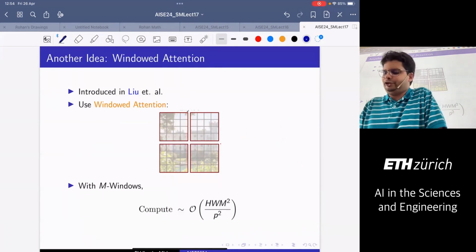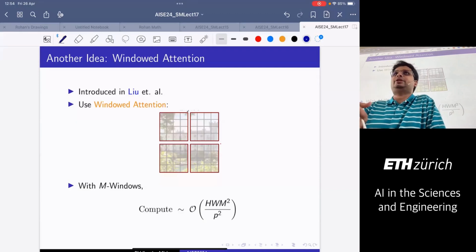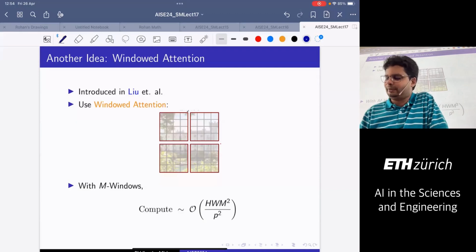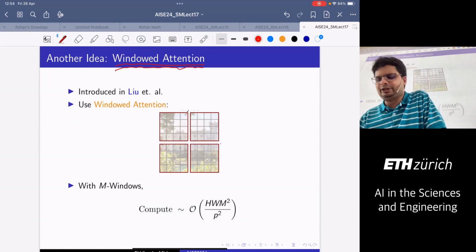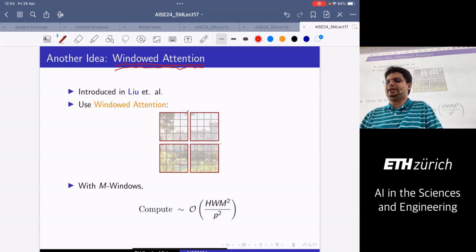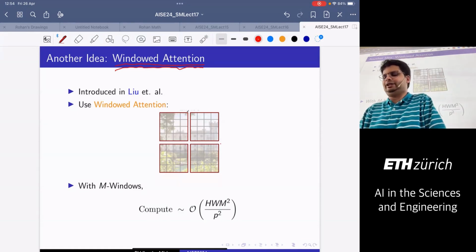All these ideas come from vision, and then we just reiterate and recycle them for our purposes. So this is called windowed attention. There are many ideas: axial attention, shifted attention, all kinds of long attention, hierarchical attention. But I think this is intuitively the simplest in some sense.